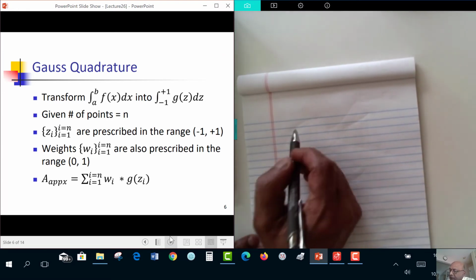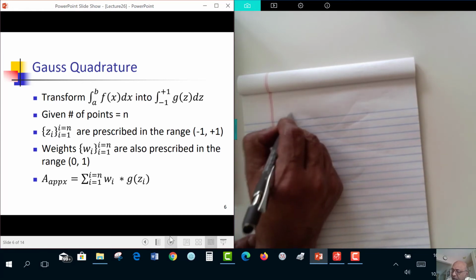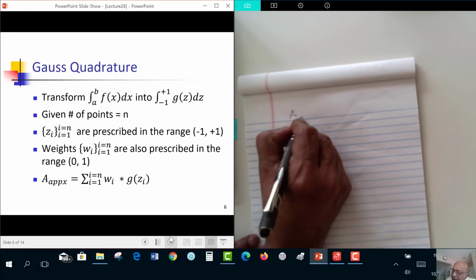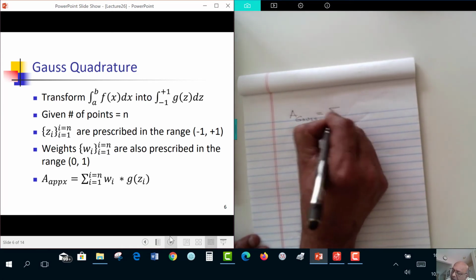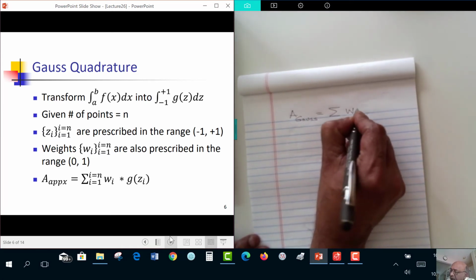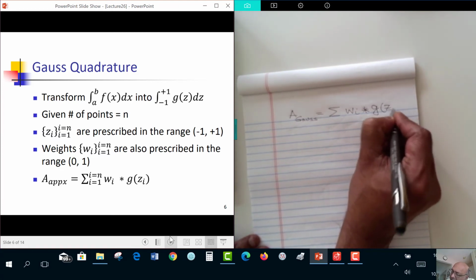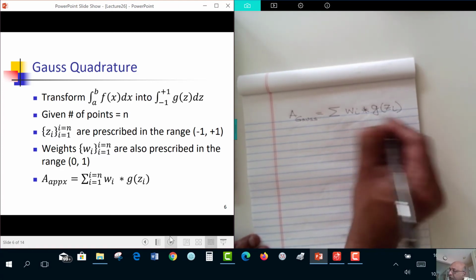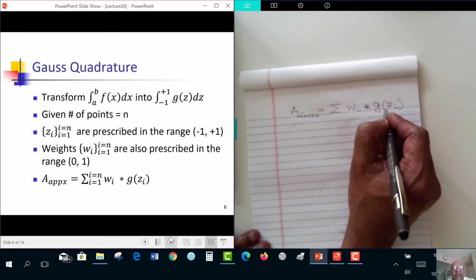So if we are given n data points, what we are going to do is say the area by Gauss now is the summation of wi times the function at zi. So remember, previously it used to be fi, but now our integral is in g(z) terms.